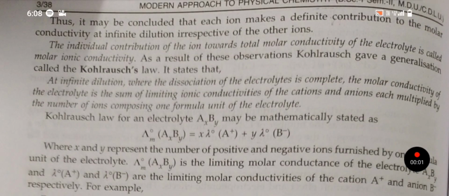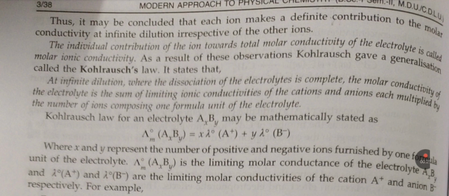Thus, it may be concluded that each ion makes a definite contribution to the molar conductivity at infinite dilution irrespective of other ions. The individual contribution of an ion toward the total molar conductivity of the electrolyte is called molar ionic conductivity. As a result of these observations, Kohlrausch gave a generalization called Kohlrausch's law.